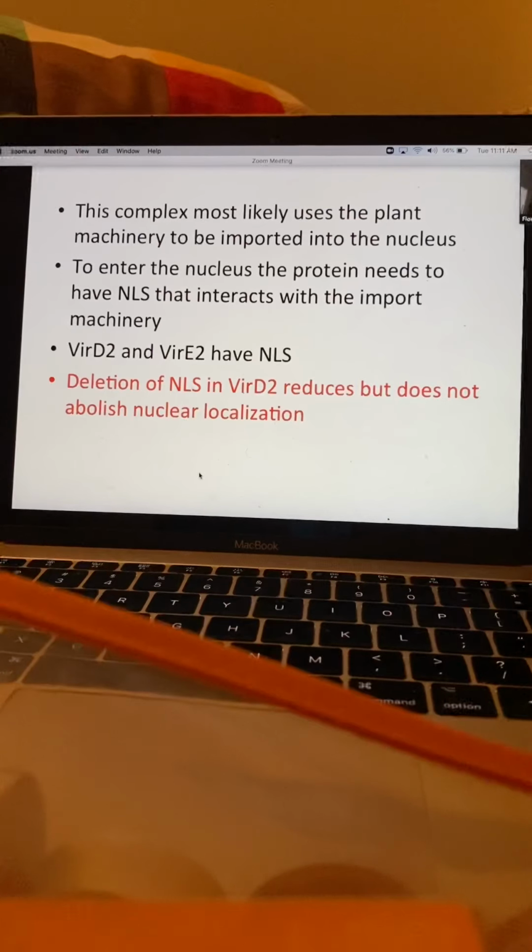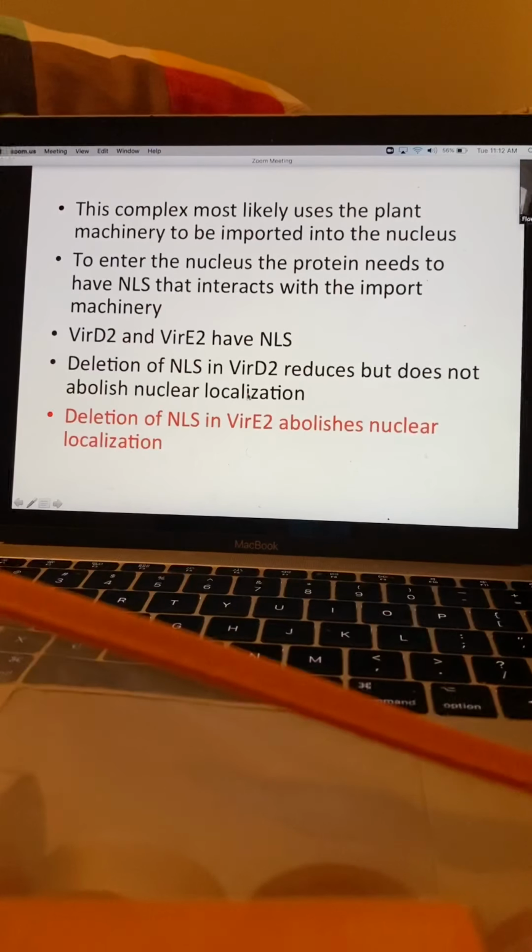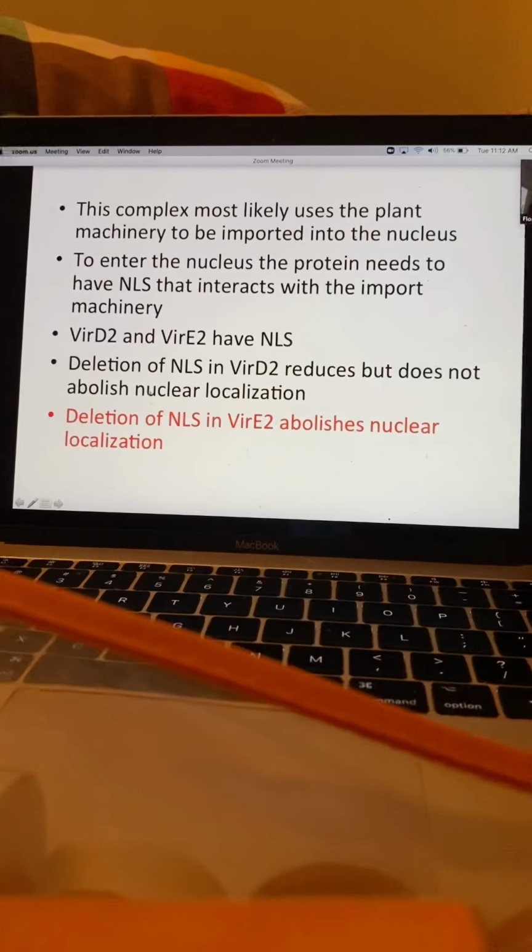If you delete the nuclear localization signal in VirD2, you reduce but do not abolish nuclear localization. So it's important but not essential, because you get some nuclear localization. Now, if you delete the nuclear localization signal in VirE2, you completely abolish nuclear localization. So this experiment shows that the nuclear localization signal in VirE2 is critical for localization of the tDNA to the nucleus.